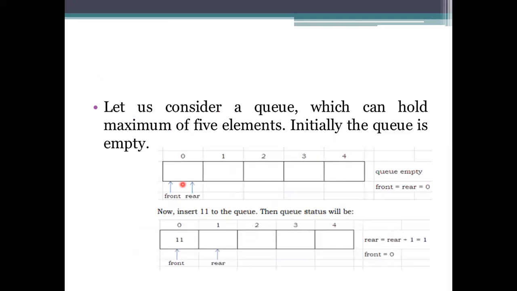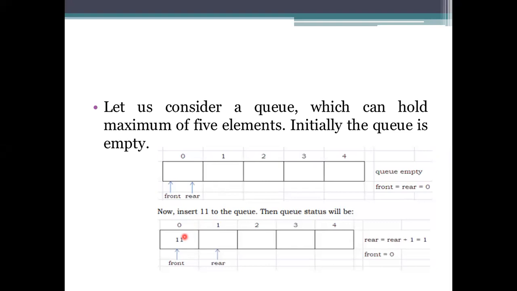So likewise, we will perform the action of insertion here. So first see, this is an empty array for the queue that we are using, with 5 empty spaces here. Now I'm going to insert 11 as an element to the queue. First we need to check the status of the queue. So front is equal to null and rear is not equal to the maximum size.